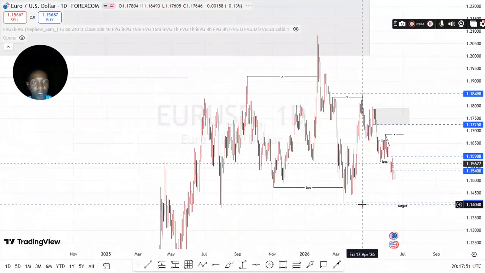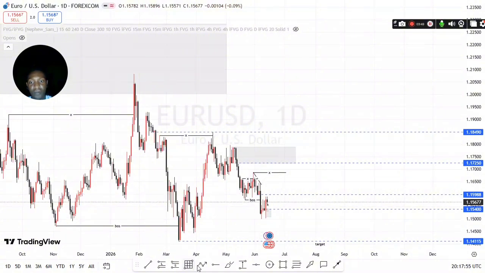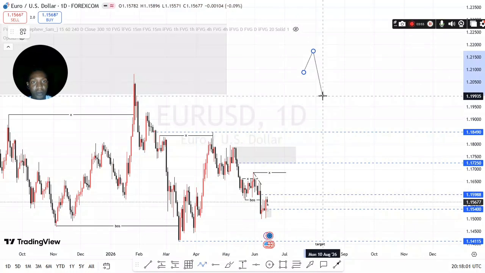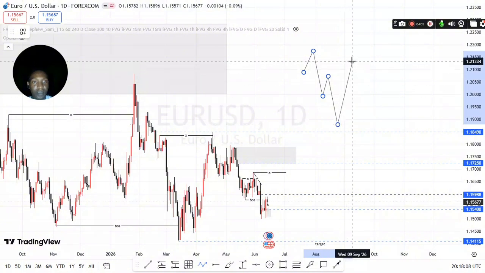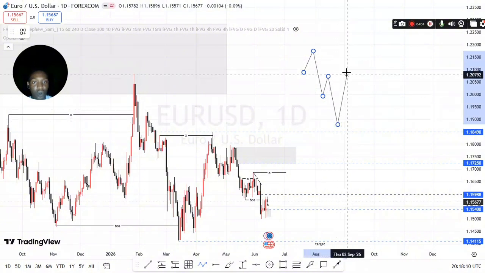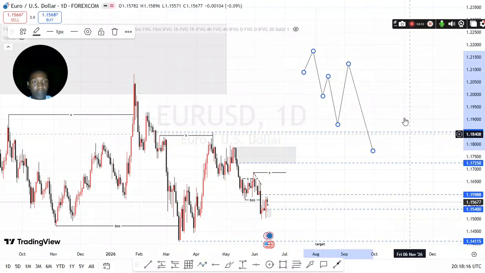There is a principle I work by. When we have a structure like this, it goes to the downside, a little push to the upside, then continues. Then this up move sweeps this place as a liquidity, taps into an order block here, and then falls down again.